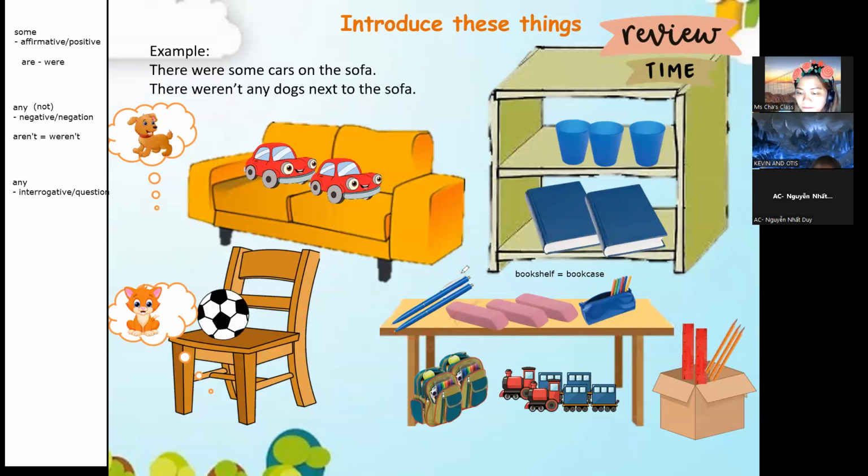Pencil. Pens. Pen. Was or were? There was a or there were some? How can you make a sentence?